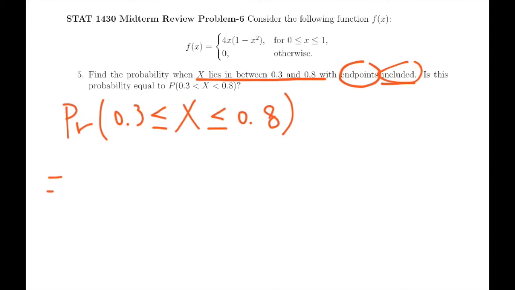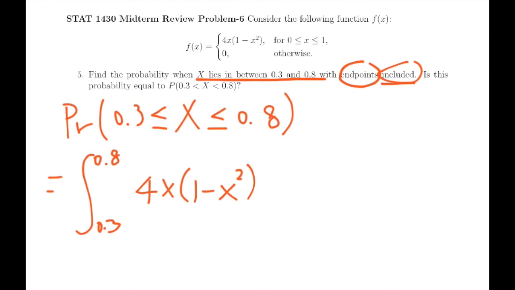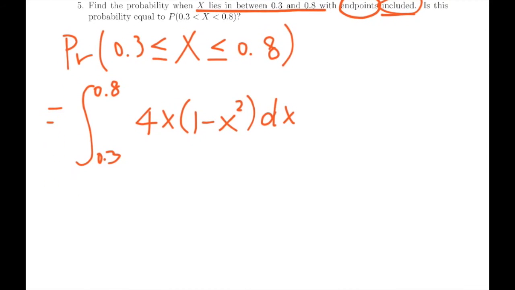And if we want to find the probability of a continuous variable within a region, we're doing integration. So that means we're going to integrate from 0.3 to 0.8 of the PDF, that is 4x times 1 minus x squared. And in this part, we will have to evaluate this integral.